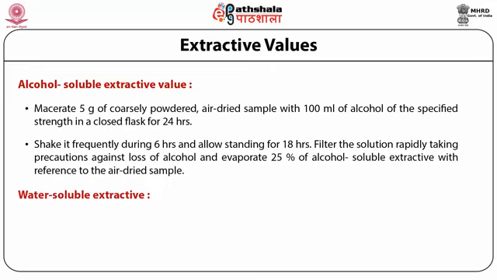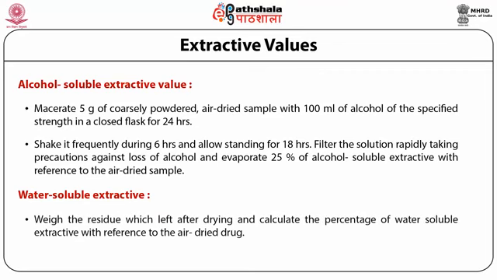While in water soluble extractive, the sample is again taken in powdered form and extracted with water, and then following the procedure as depicted here, we continue to dry it to a final residue. The weight of the final residue to the initial weight of the sample can be used for the calculation of water soluble extract.